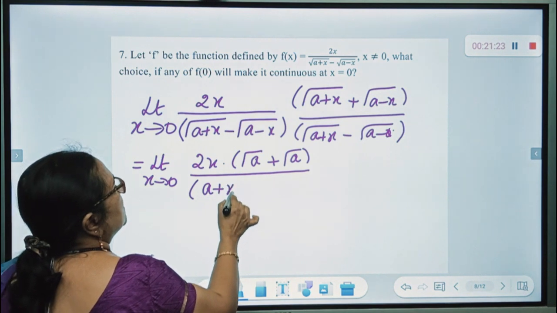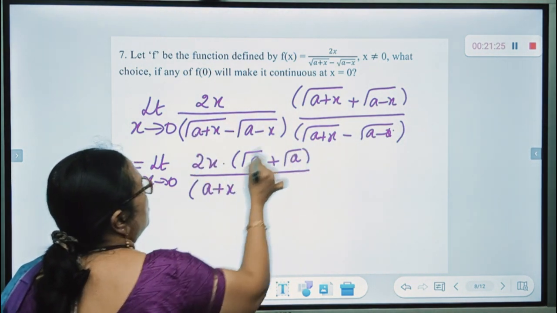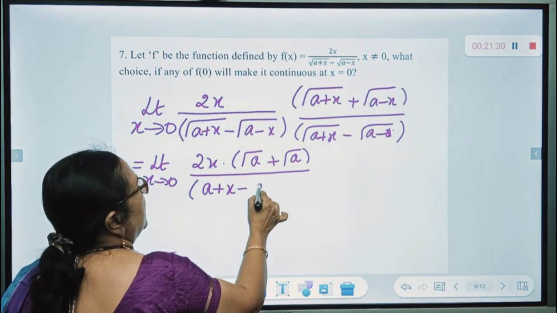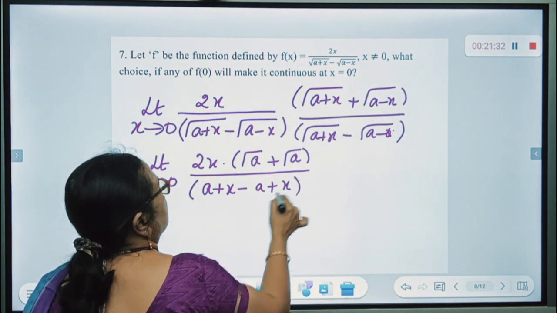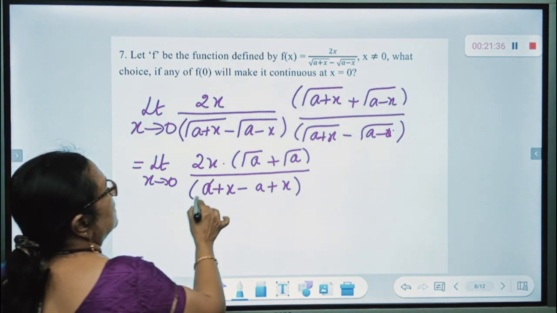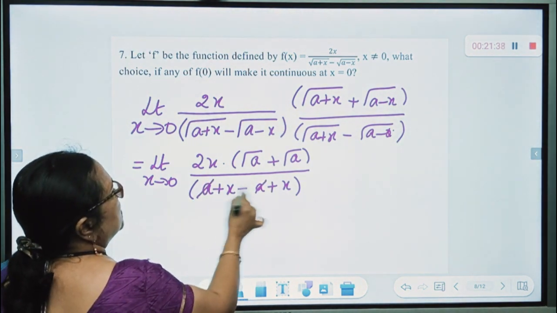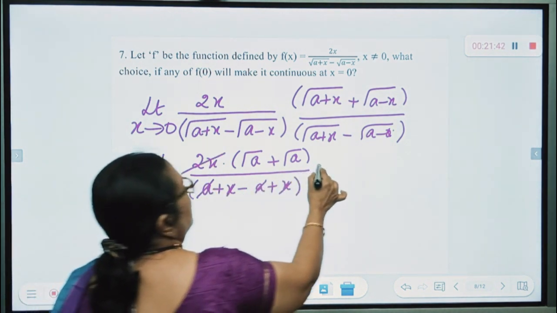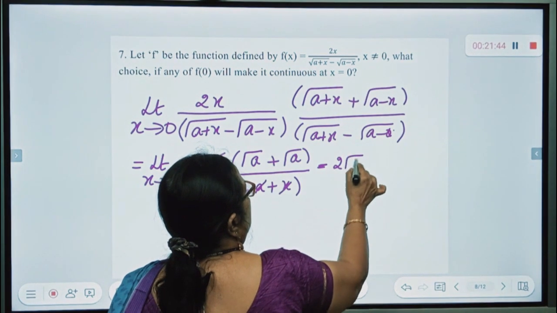Root of a plus x into the root of a plus x is a plus x. A square minus b square. So minus a plus x, minus of a minus x. So minus a plus x. This is 2x. So 2x and 2x get cancelled, giving you 2 root a.